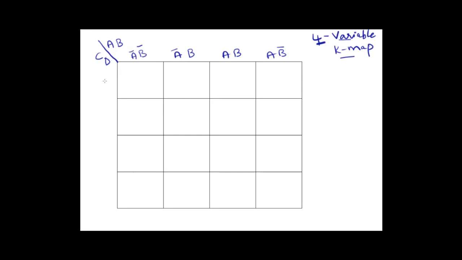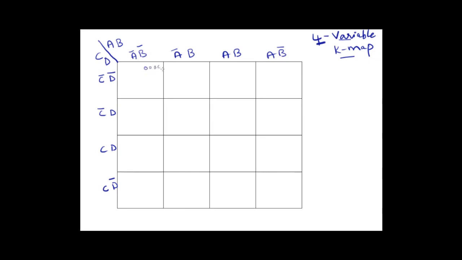Next, CD. That means here you write C bar D bar, C bar D, C D, and this is again C D bar.